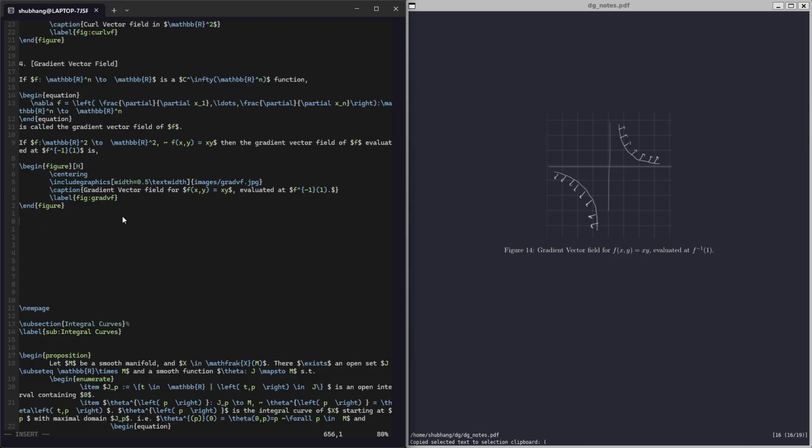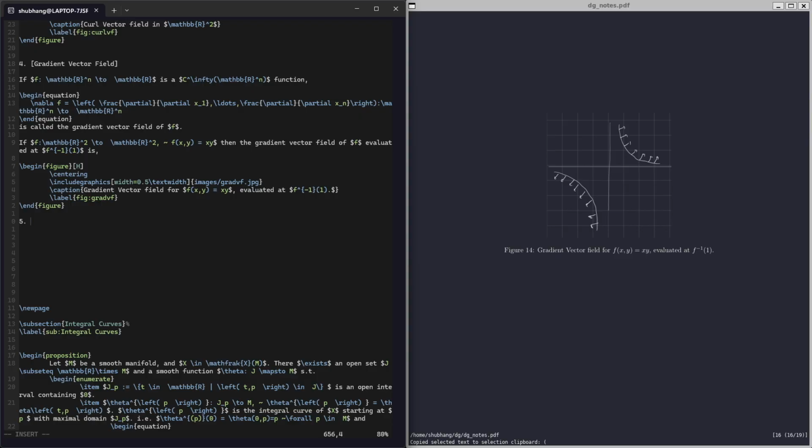So example 5: we'll consider some of the regular submanifolds of R^n and see their tangent bundles and the vector fields on the tangent bundles of such regular submanifolds.